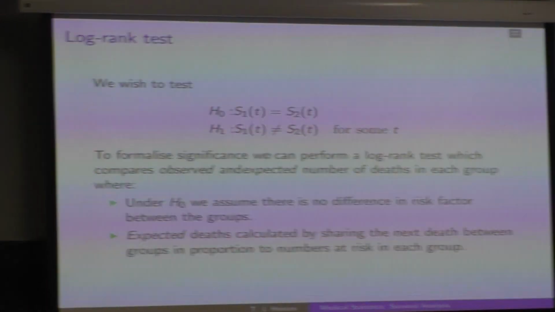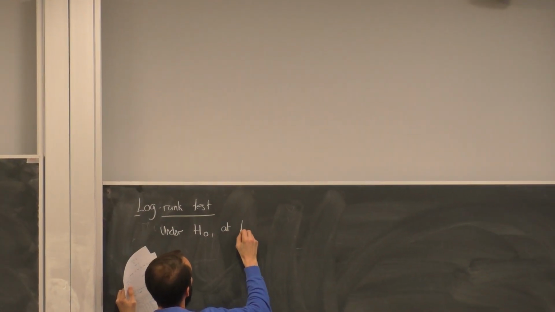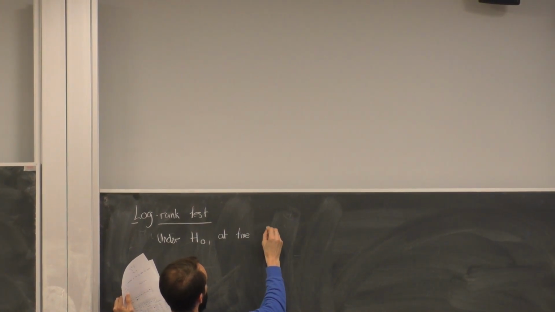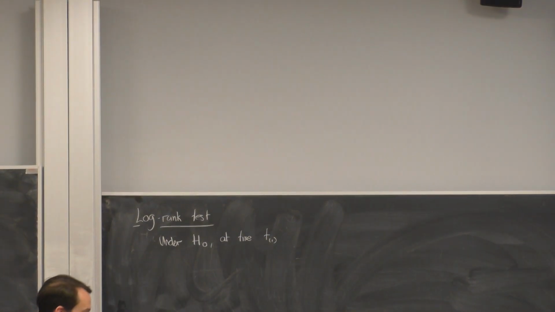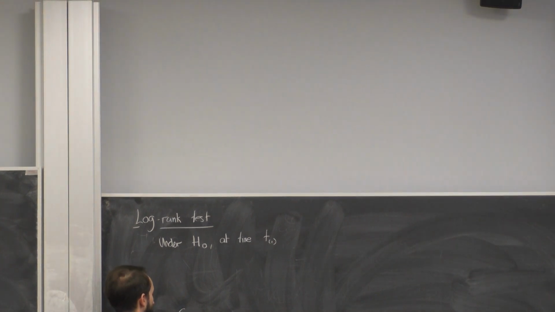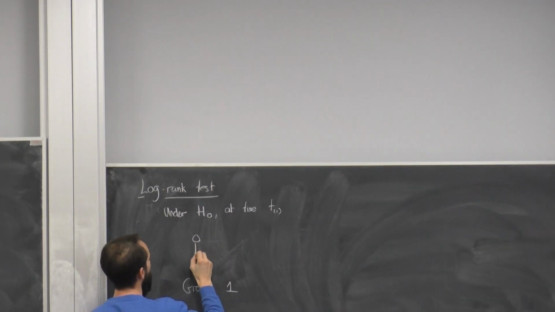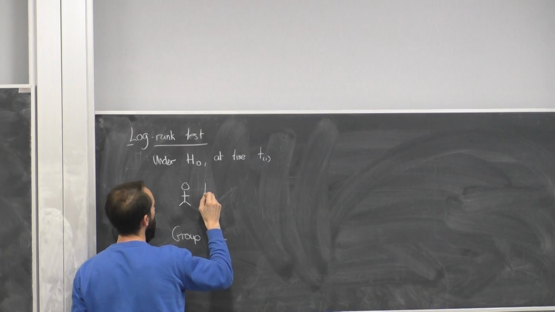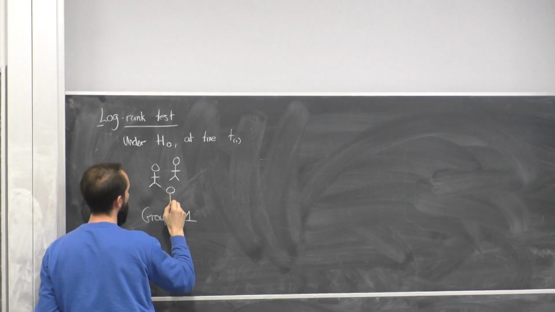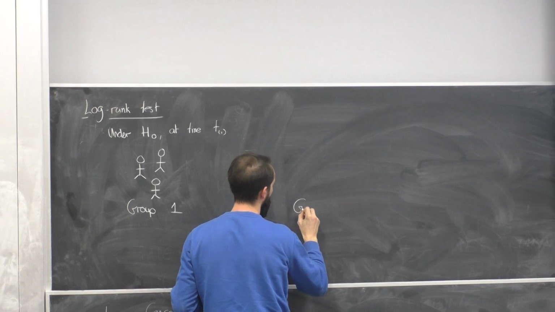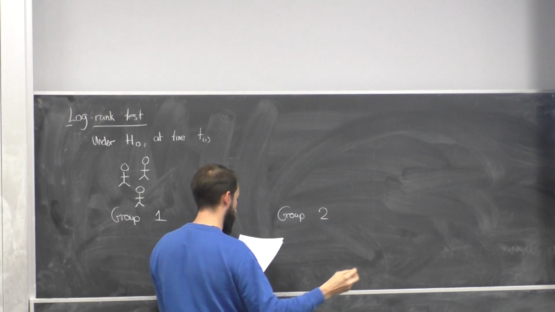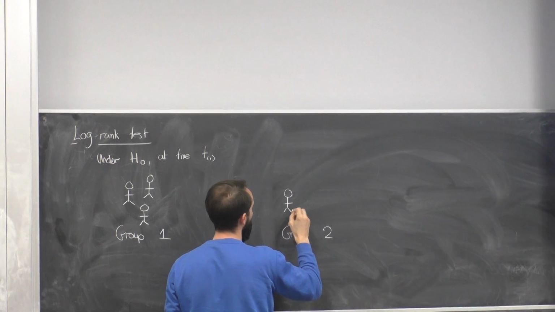So under my log rank test, if I assume for the moment that my null hypothesis is true, then I have at some particular time in group 1 some people, and in group 2 I also have some people who are still in my study.